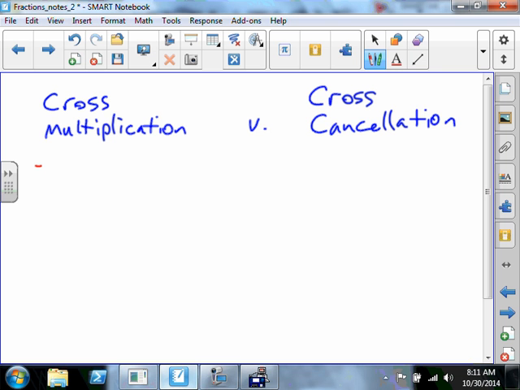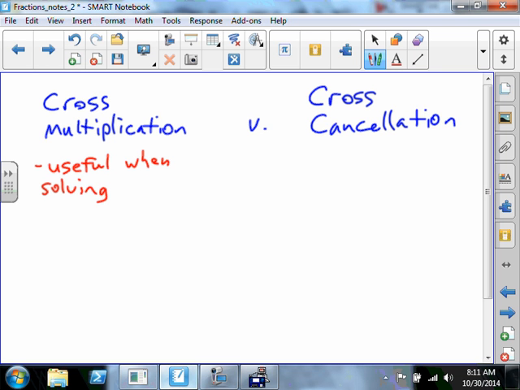Cross multiplication is legit. It is. I've been using that word today. Maybe we need to listen to some MC Hammer. Too legit to quit. Cross multiplication is a legitimate mathematical idea, and it is very useful when solving a certain kind of equation.